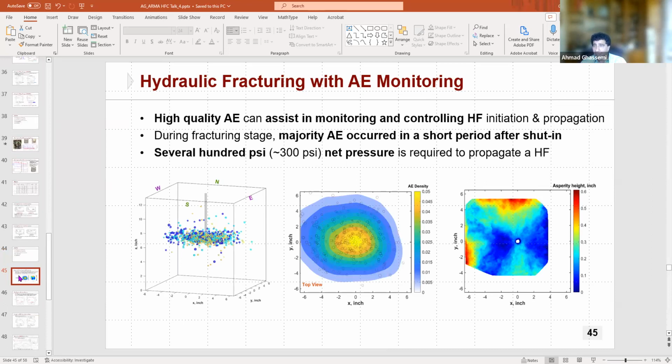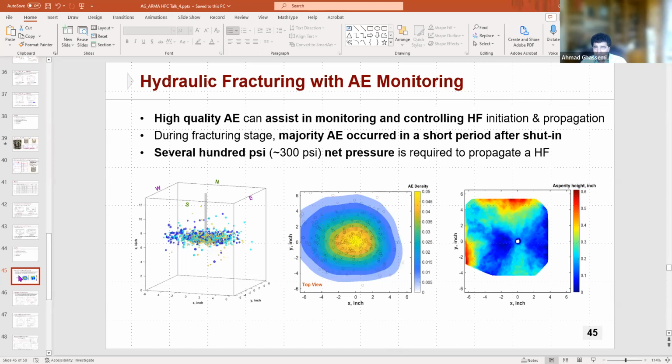The majority of AE takes place subsequent to breakdown, or in the case of multiple cycles, reopening, and of course after shut-in we have a lot of activity as well, suggesting that there is some propagation right after shut-in.